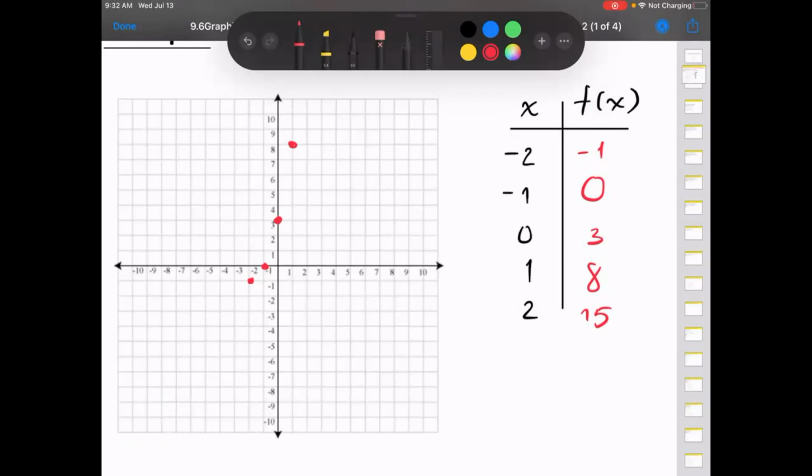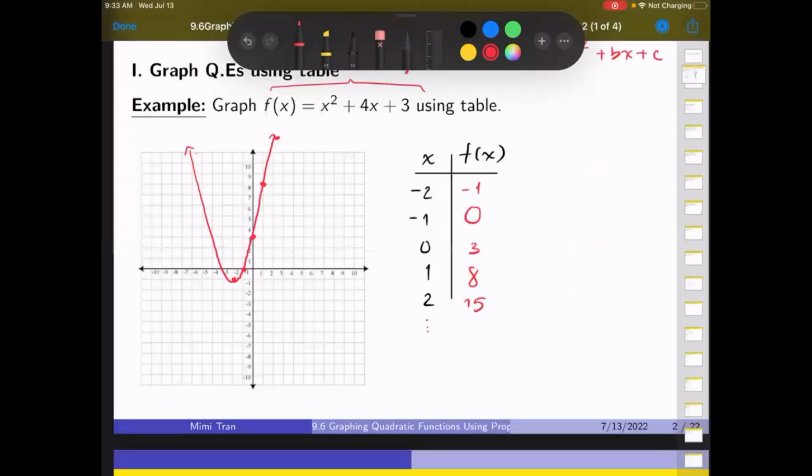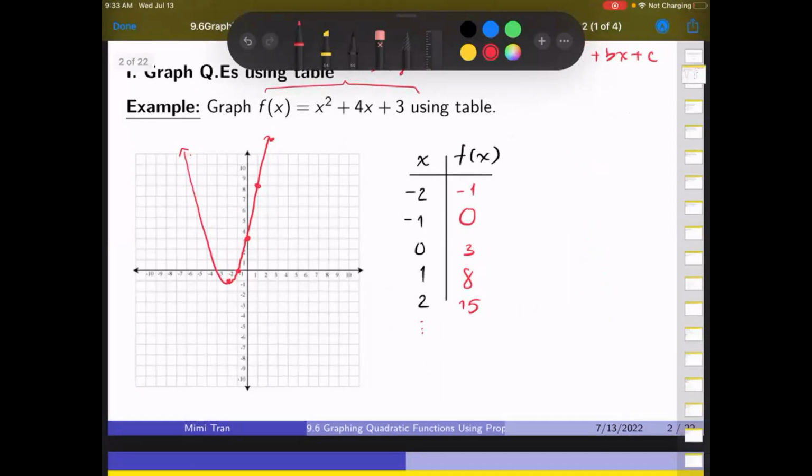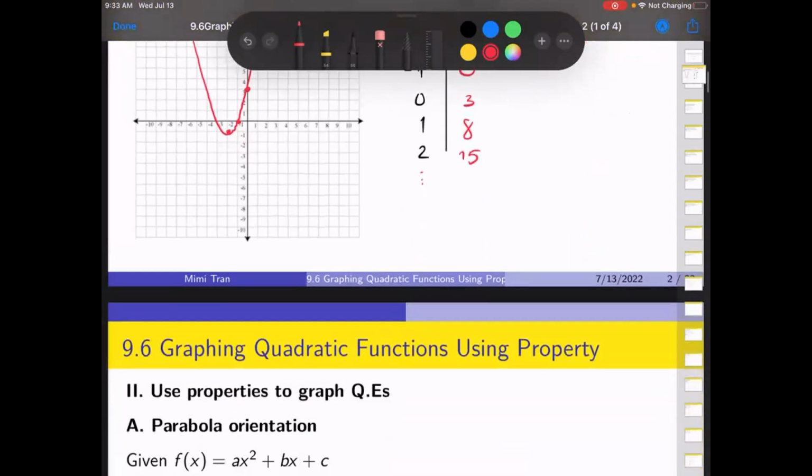So somewhere up there. And you can do more points if you want. But the bottom line is you can check with your calculator. This is not something I'm gonna make you do on the exam, I promise. I'll show you a different way though.